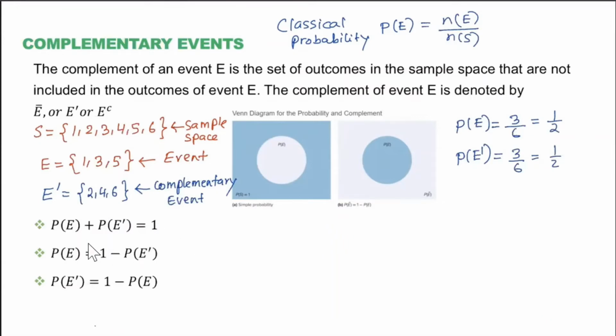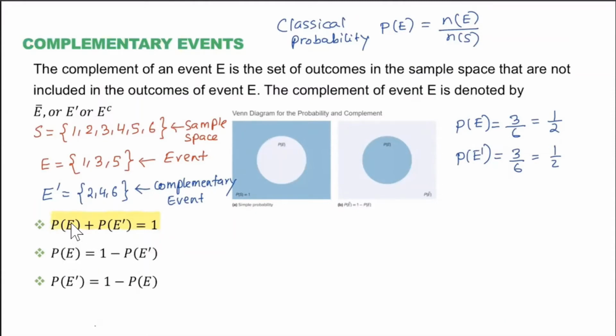So remember that the probability of the event and the complement of the event, when you add those two, it is equal to 1. Very important formula: probability of the event plus probability of complement of the event is 1. Or sometimes we say probability of happening of an event plus probability of not happening of an event is equal to 1.